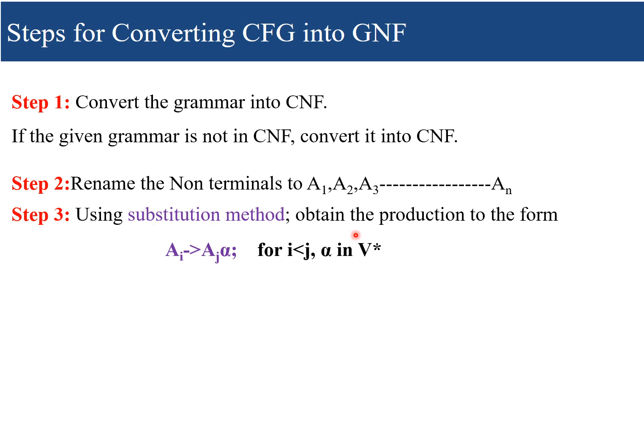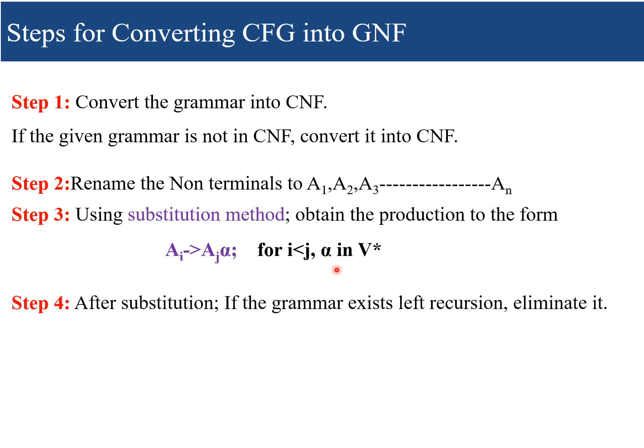The substitution method is like Ai gives Aj alpha. What is the condition that has to be satisfied after renaming? i less than j, and alpha in V star. That means alpha can be a sequence of non-terminal symbols, or it can be empty.